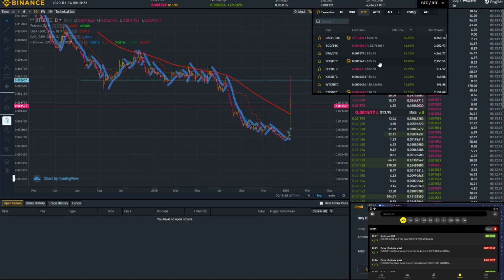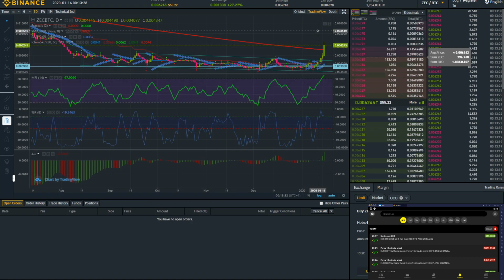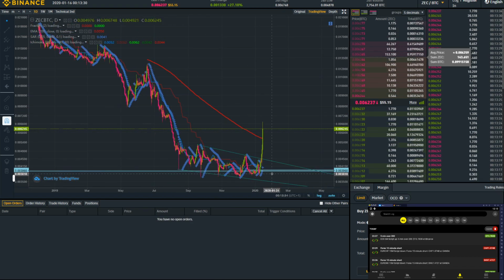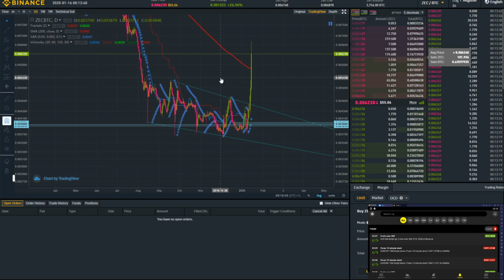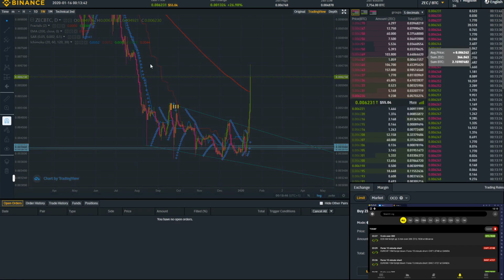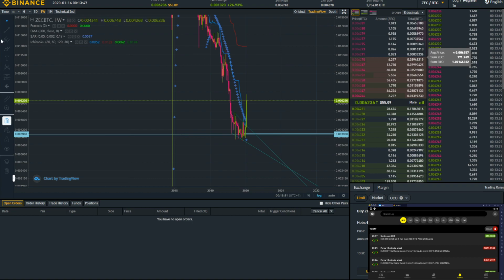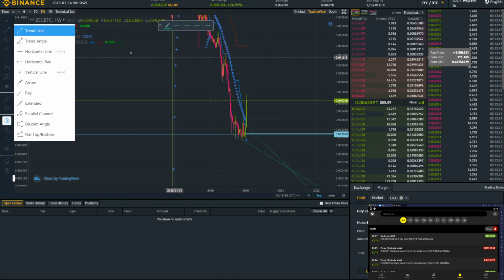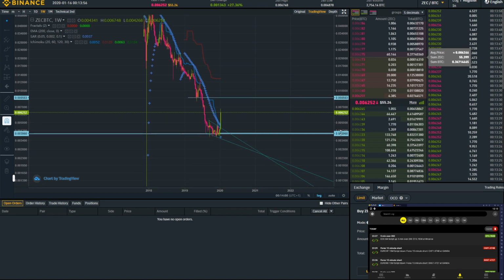Other coins, Zcash. So Zcash is interesting. We had a descending channel, it broke up, and currently it's in a long position. But look at this, you always see it when you want to see the weekly levels. So probably it's going to retest this, and after that we don't know.